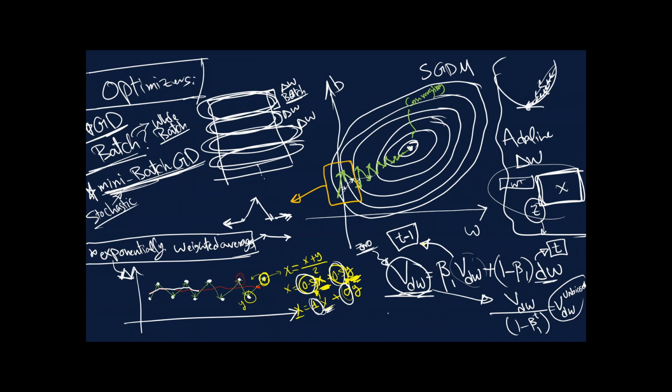So how about the update itself? Before we had delta W, right? So how would we use this kind of equation to update our weights?